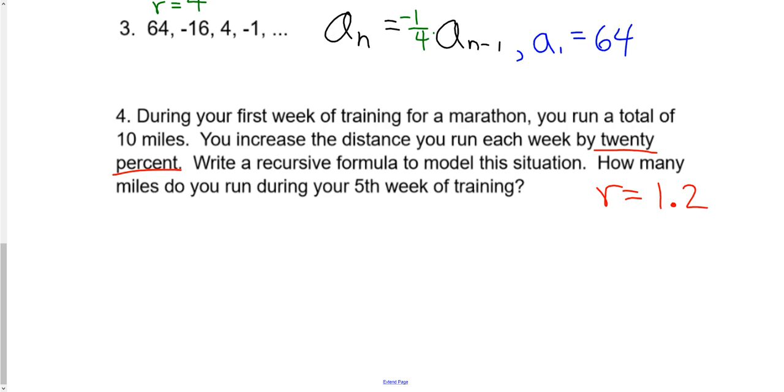So now, the recursive formula for this is not difficult because it follows the same pattern as the ones we did up above. Anytime you write a recursive formula, you put a sub n, and then you put a sub n minus 1.